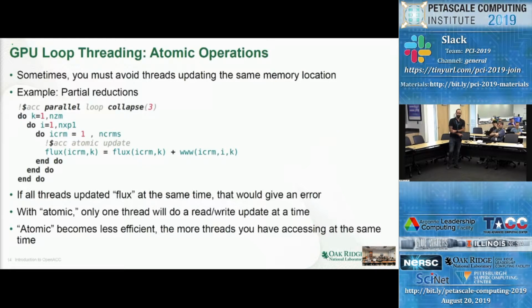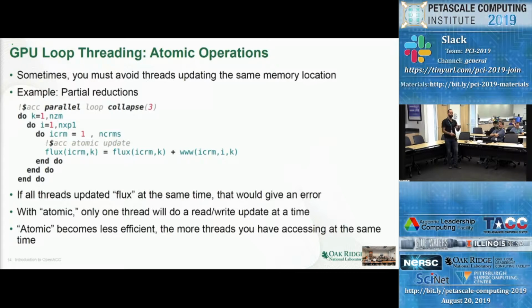As you're running simultaneous threads in the I dimension, multiple of those threads can access the same location in flux at the same time, and you can get a stale update. The way you handle this is by saying ACC atomic before you actually do that operation.